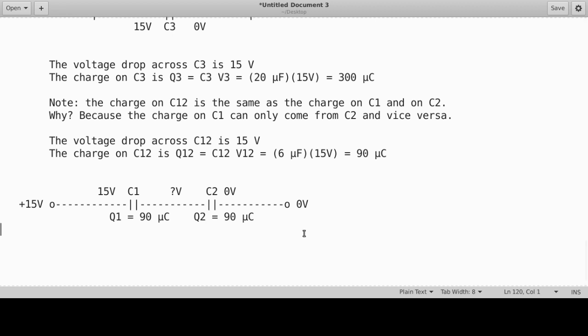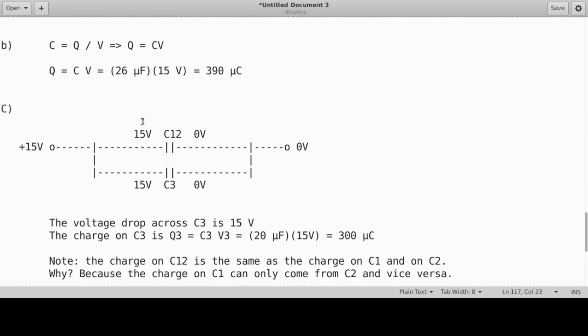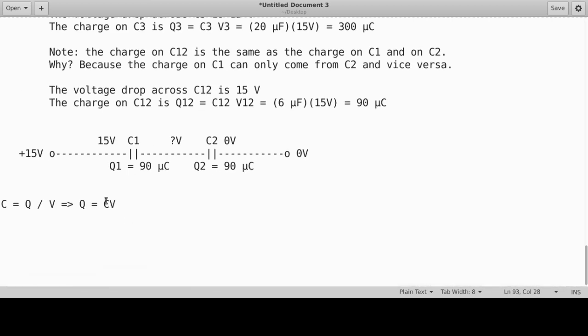And now you look at this and you go, oh, you've got C, and you've got Q, and is there a relationship between C, Q, and you want to find V? And the answer is yes. It's this one, but you need to rearrange it.